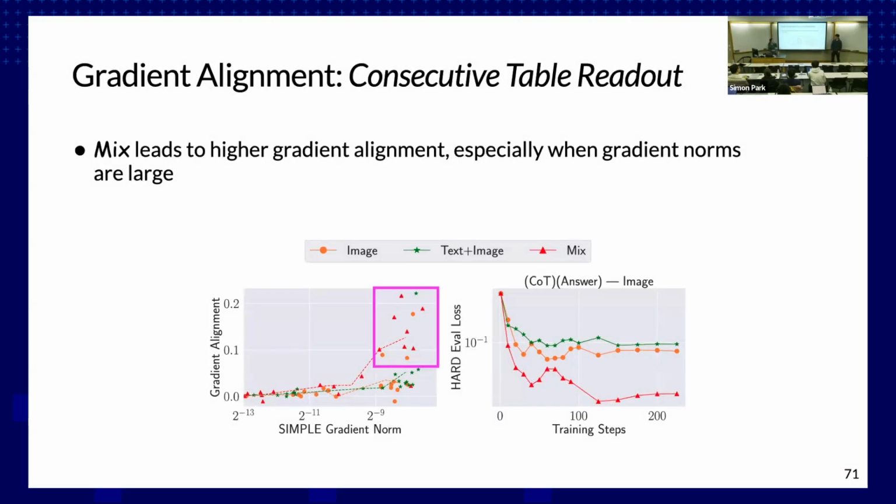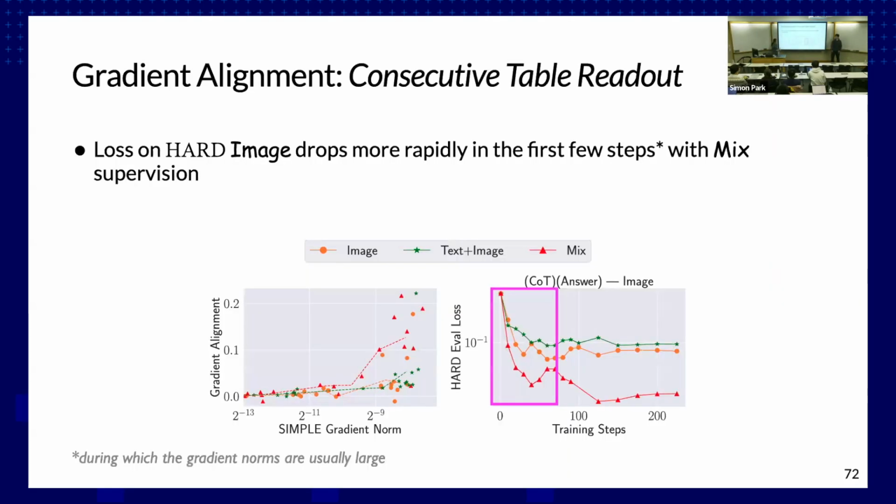So for mixed supervision, we notice that it can lead to higher gradient alignment scores, especially when the gradient norms are large. And that observation, during the first few training steps, during which the gradient norms are usually large, leads to a more rapid drop in the loss.